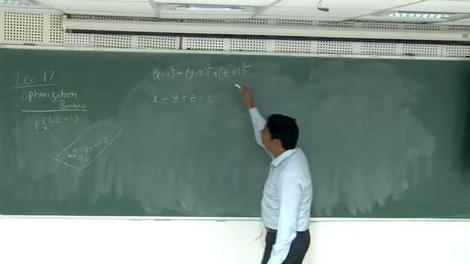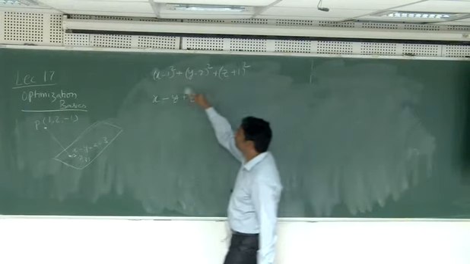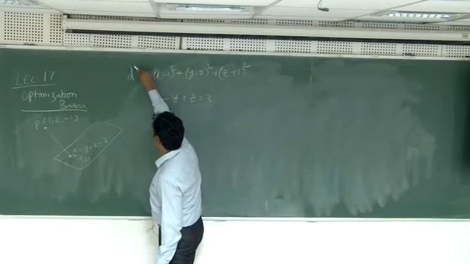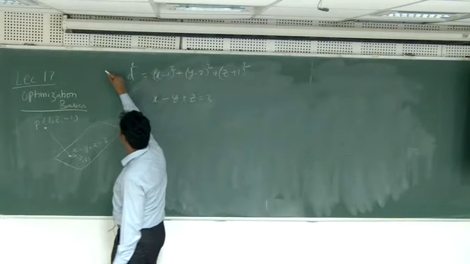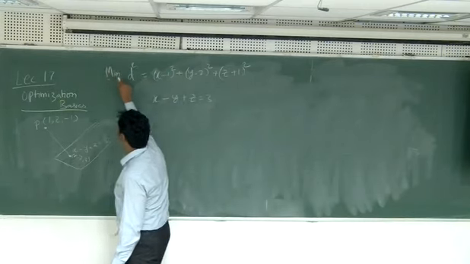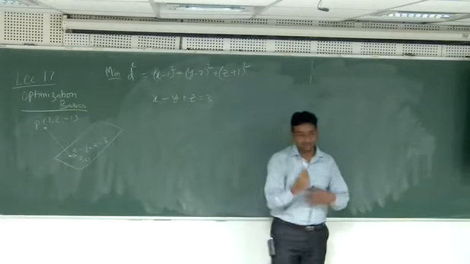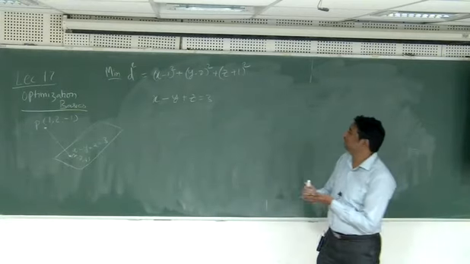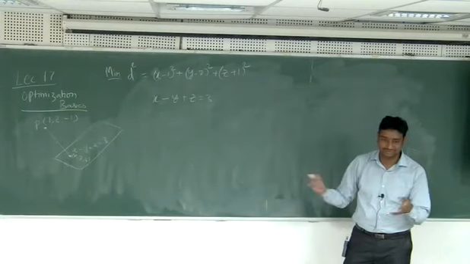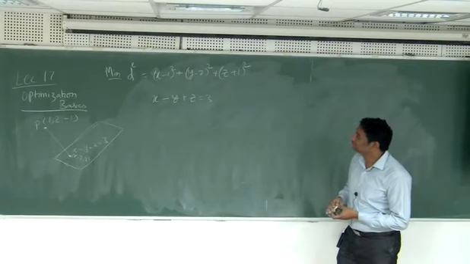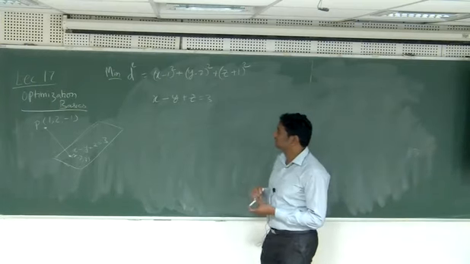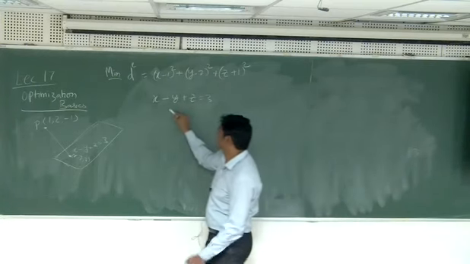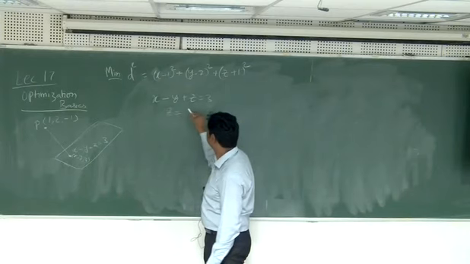I am not putting the overall square because I'll say d square, and then I want to minimize. Minimizing d square is equivalent to minimizing d. It is easier to work out. Now even if I substitute, if I say z is equal to what?